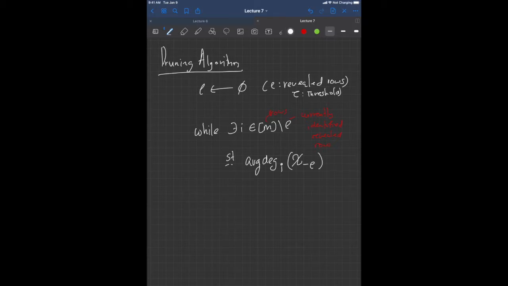Remember, rho is a subset of [m], and X is a collection of m by n matrices, and you remove every row that is in this set. There's some confusion with the word row and the letter rho, maybe I should have used something else. So for clarity, let me just make this I. So I is going to be the set of revealed rows. So then, oops.